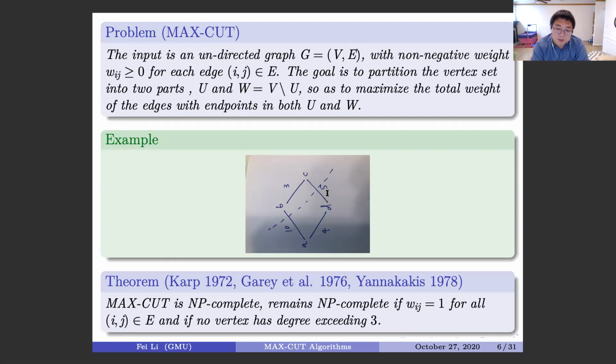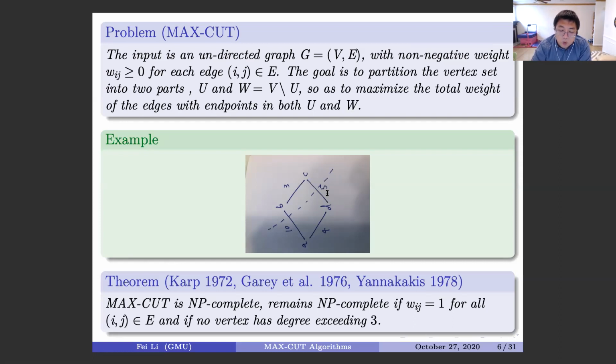So it has been proved that the problem is hard. I want to mention here, I couldn't remember the author's name, there's one paper, maybe Yannakakis, that proved that for planar graphs, finding the max cut is polynomial time solvable.